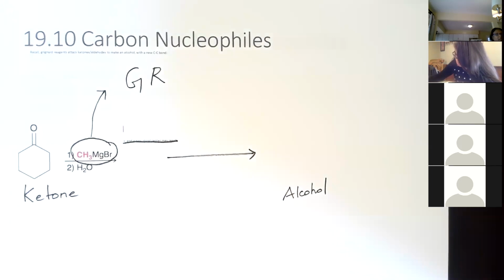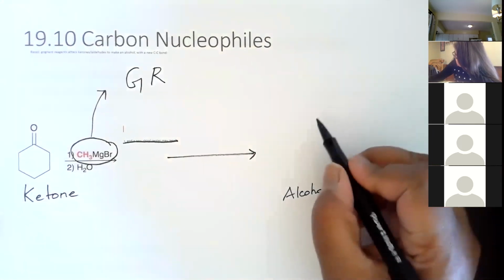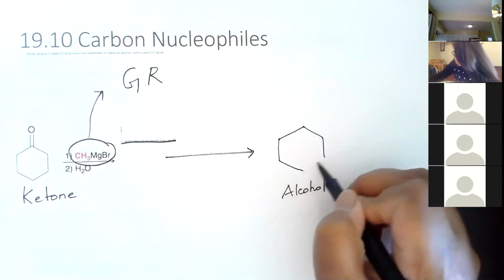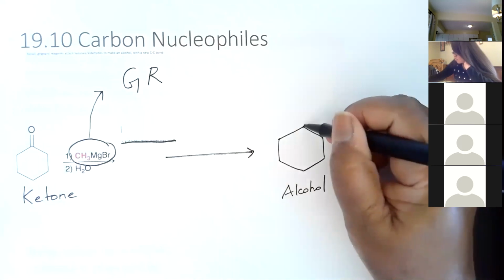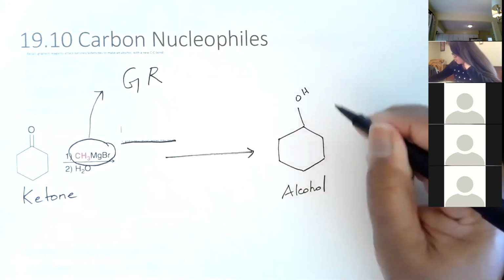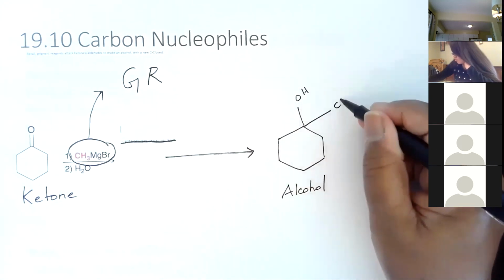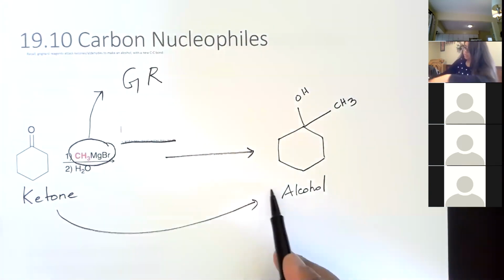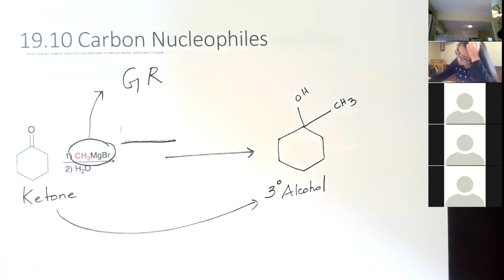Hutch, what type of an alcohol will you get? You would get a tertiary alcohol because the methyl group will attack. Very good. Tertiary alcohol.